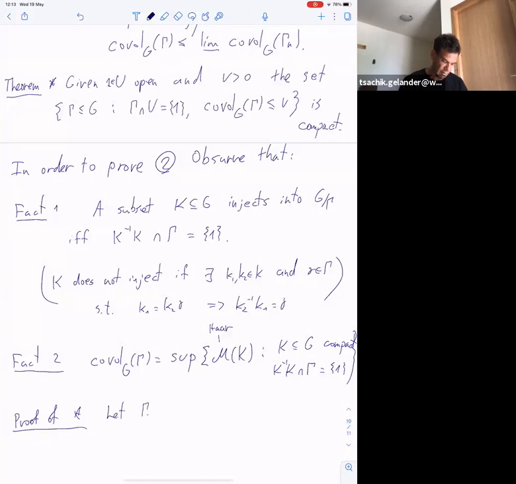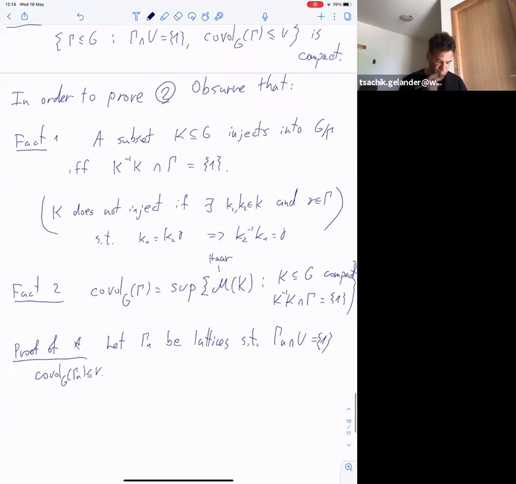So let gamma n be lattices such that gamma n intersect U trivially and co-volume of gamma n is at most V. Then gamma n converge to a limit. There is a subsequence, of course, in the Chabauty space.